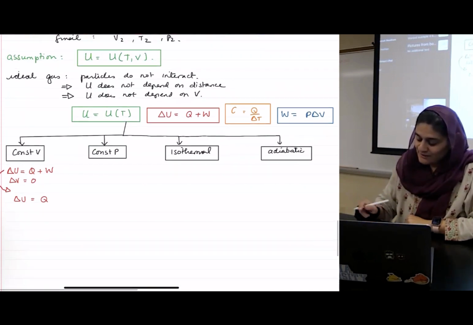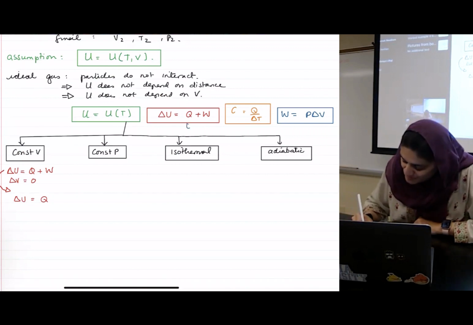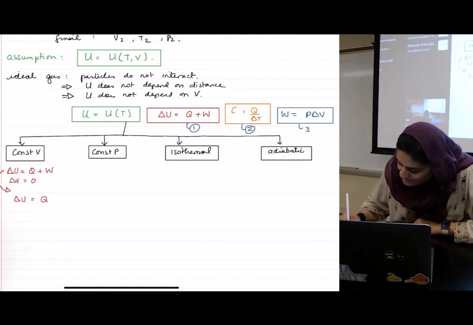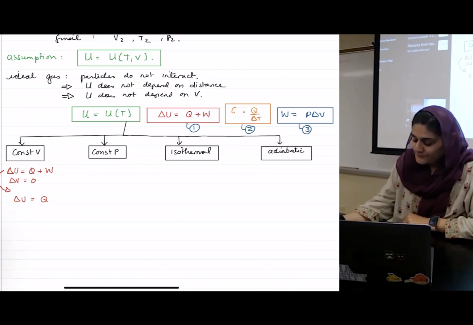Okay. So now from number 2. So this was step 1. This is number 2. And this is number 3. So what can you tell me about Q? From number 2.